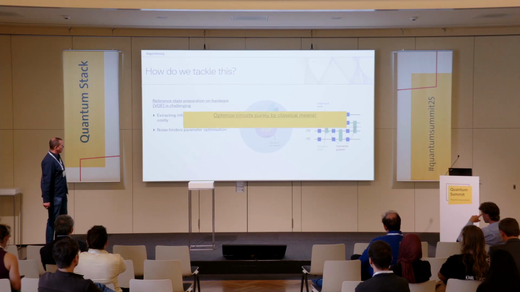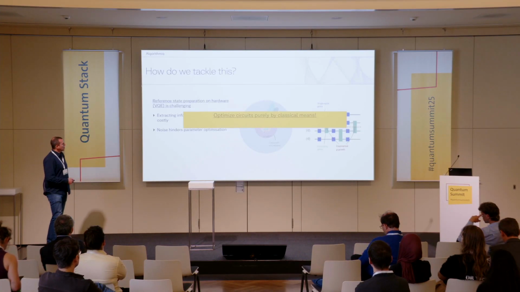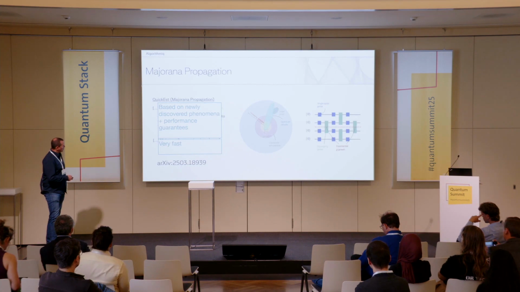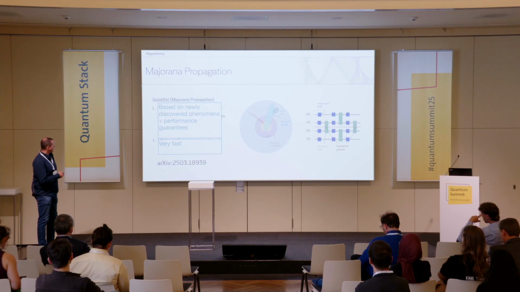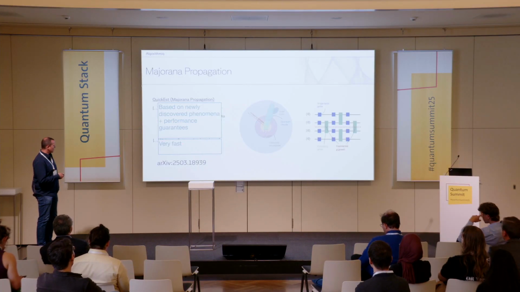So we came up with a new method that allows us to optimize circuits by purely classical means, and we call it Majorana propagation. I will not go into details, but here's a reference to this method. The nice thing is it has performance guarantees, mathematical guarantees that it works, and it is very fast.